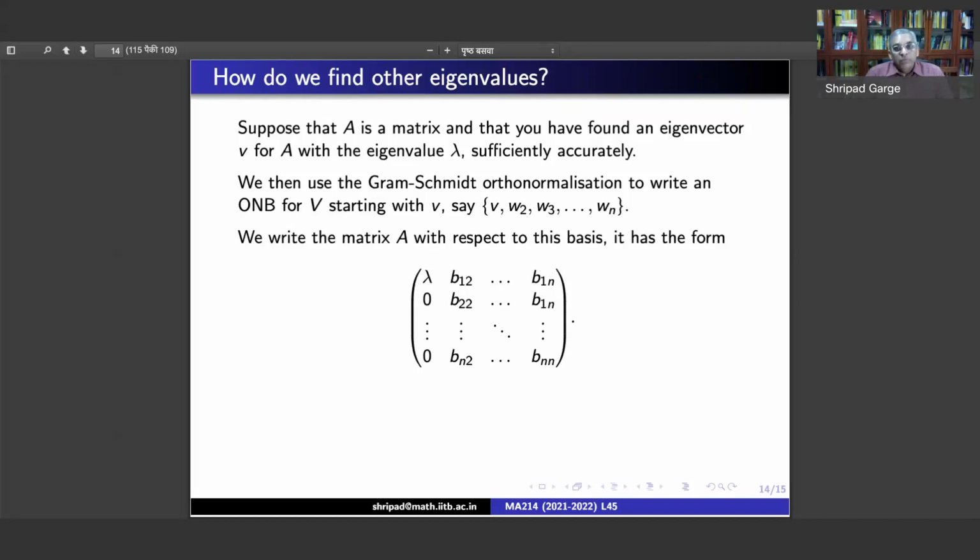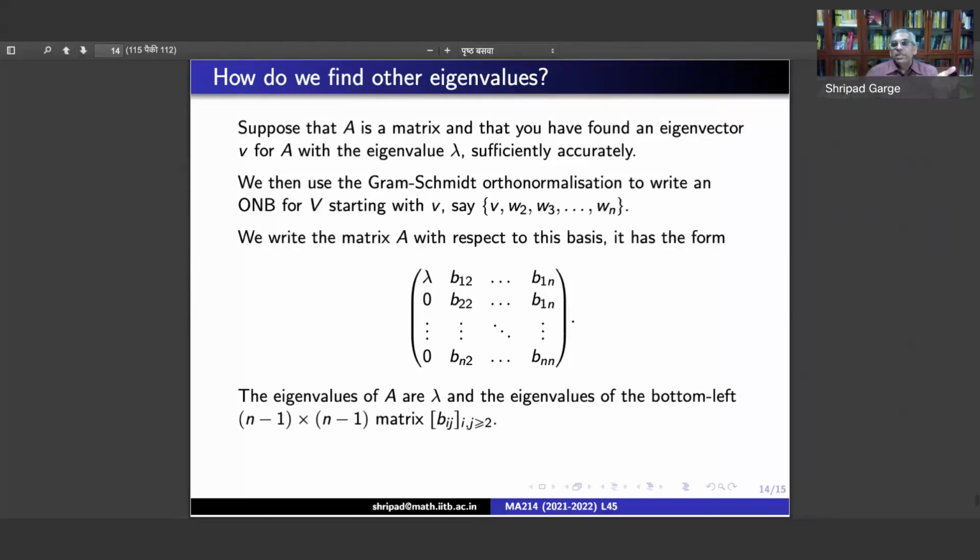So I am quite sure that you would have done your linear algebra course, and Gram-Schmidt orthonormalization would also have been done. But if it is not very clear to you, we will do an example of this in our tutorials, and this will then be clear. But once you have done this kind of breaking your matrix into smaller matrices, then the eigenvalues of the matrix are lambda and the eigenvalues of this n-1 by n-1 block.